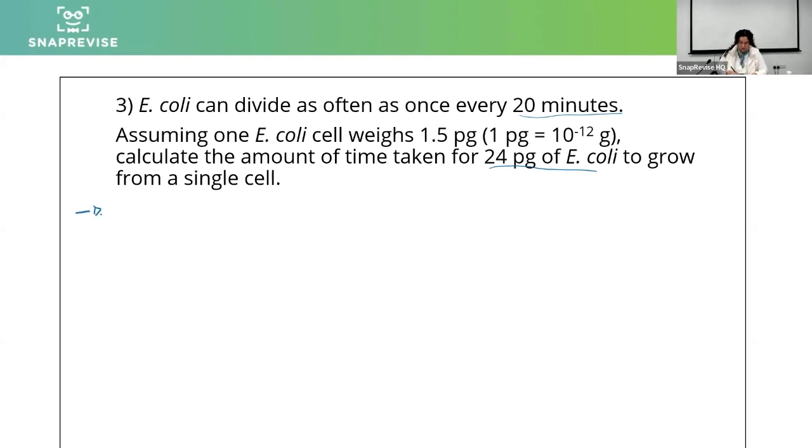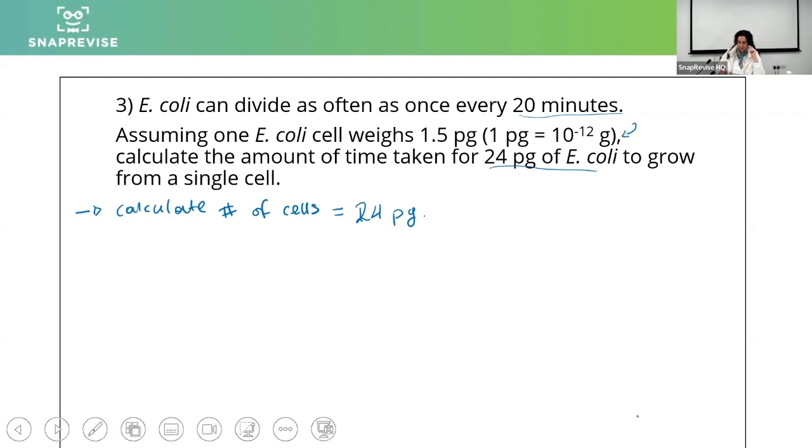So I'm just going to write down our strategy here. Calculate number of cells that are corresponding to 24 picograms. I'm being told that each one cell weighs, this is where you've got to be utilizing every piece of evidence that you're given. So how will I utilize this information that one cell weighs 1.5 picograms?